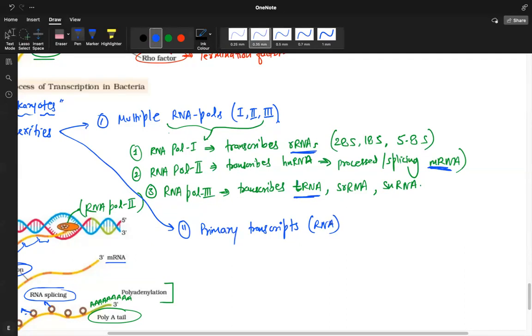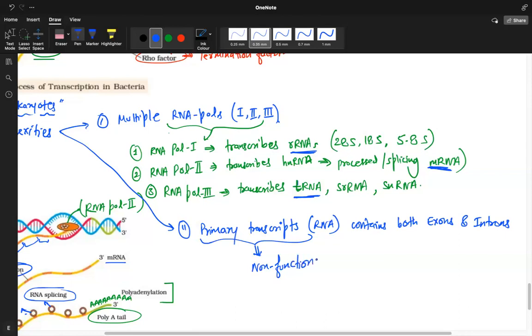The second complexity is that primary transcripts contain both exons and introns. And because it contains exons and introns, this primary transcript is non-functional.